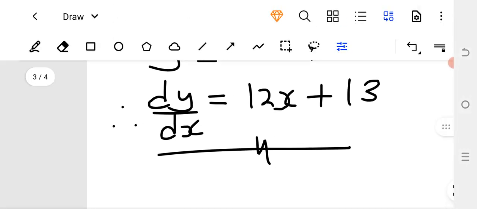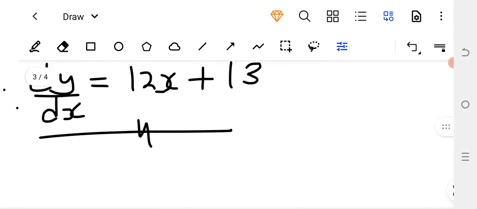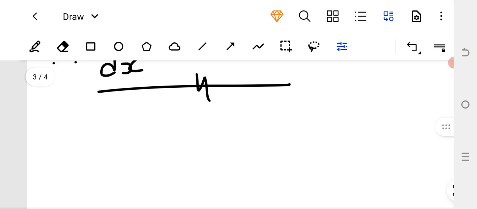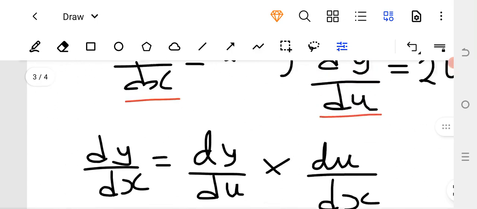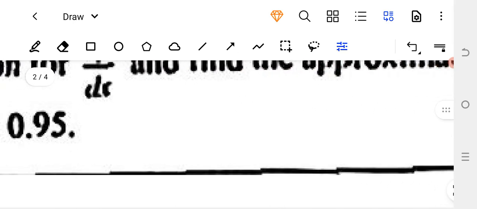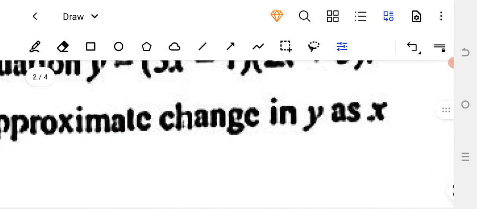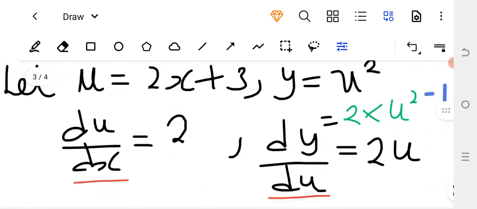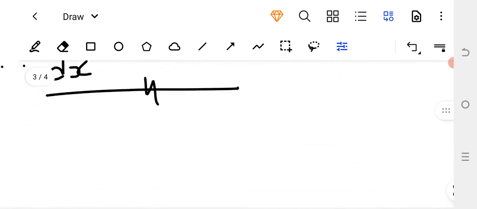Okay, so we continue. Now, they want you to determine the approximate change in y as x decreases from 1 to 0.95.